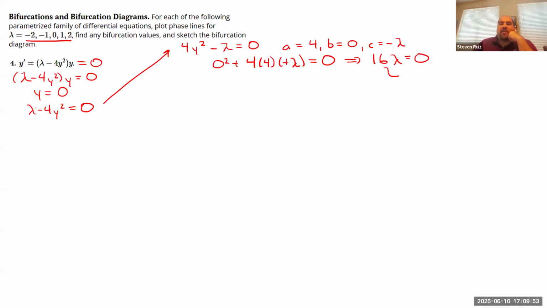So this means I have a bifurcation value of lambda equals 0. Okay, so I think that's what we found. So for lambda equals 0, we should have bifurcation. For the last bifurcation diagram we drew, we just went from left to right. Now let's start at the bifurcation value and make sure that the thing we found is actually what we think we found.